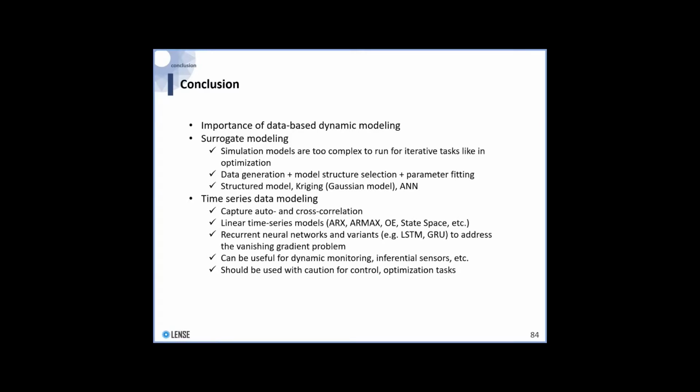Otherwise, you are trying to use a model that has a certain structure outside this structure. Okay, so when you use a model for control and optimization, you could create an entirely different correlation structure where your model will no longer be valid.